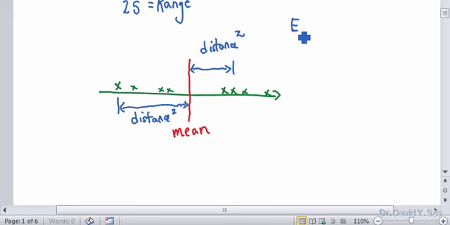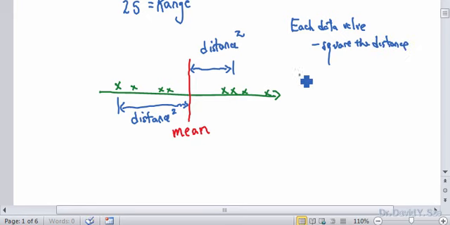So for each data value, we square the distance, we add up the 8 numbers. So that's the total distance away, and then we divide by 7.